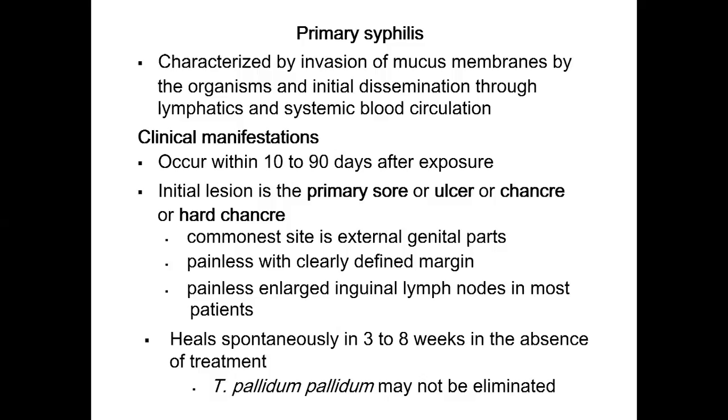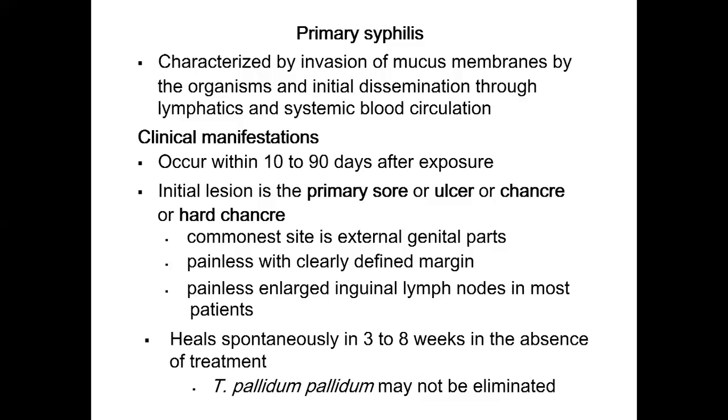And what is seen is a lesion that is referred to as primary sore, which is actually an ulcer or primary ulcer. It can be called a chancre or hard chancre, just to differentiate it from the soft chancre, which is caused by Haemophilus ducreyi.